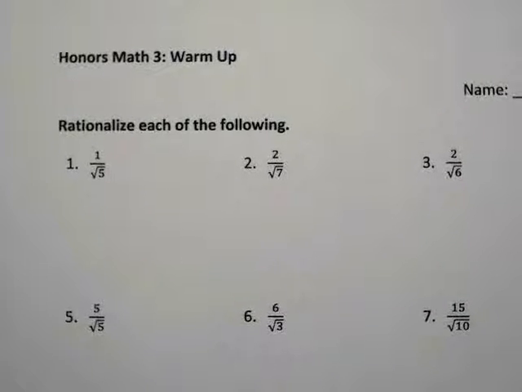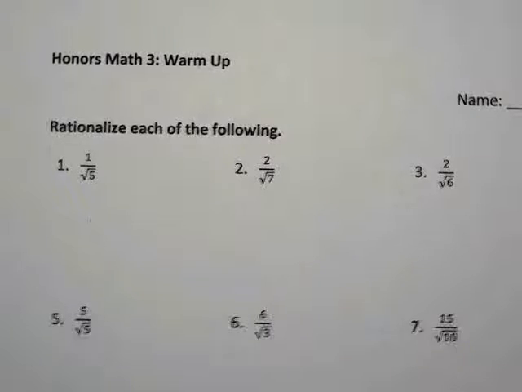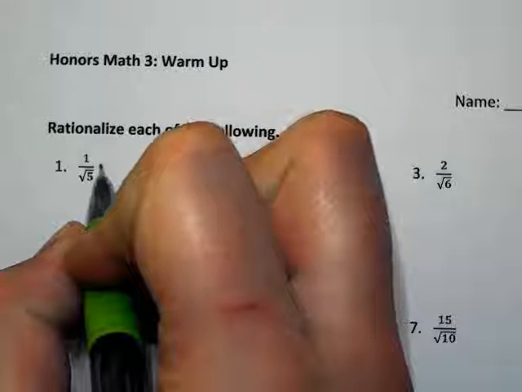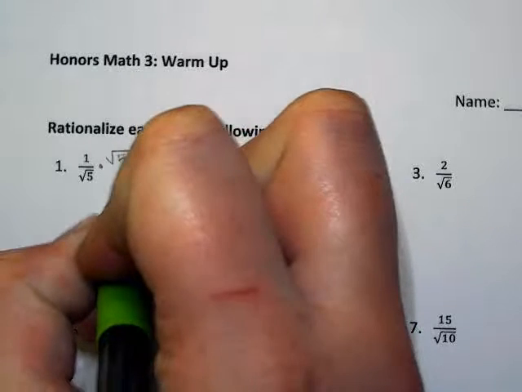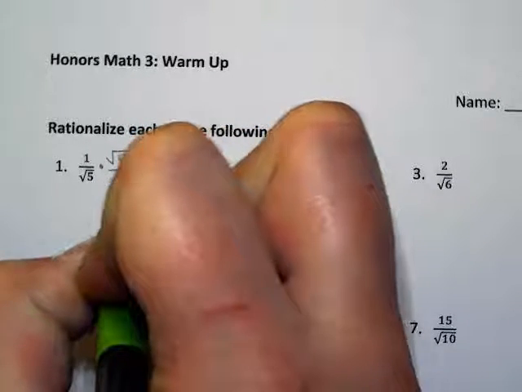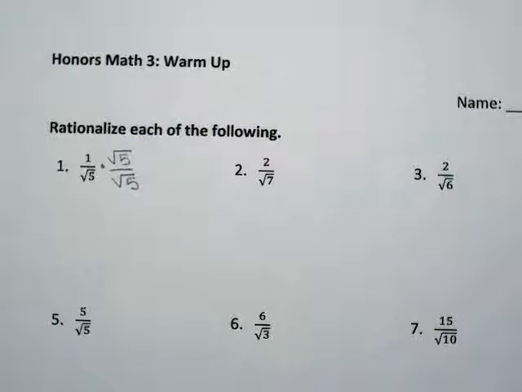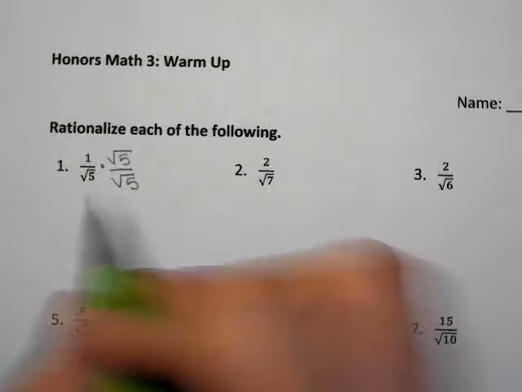You multiply it by what? Okay, so for the first one, we'd multiply by root 5 over root 5. That's what rationalizing is. And then what's on top?